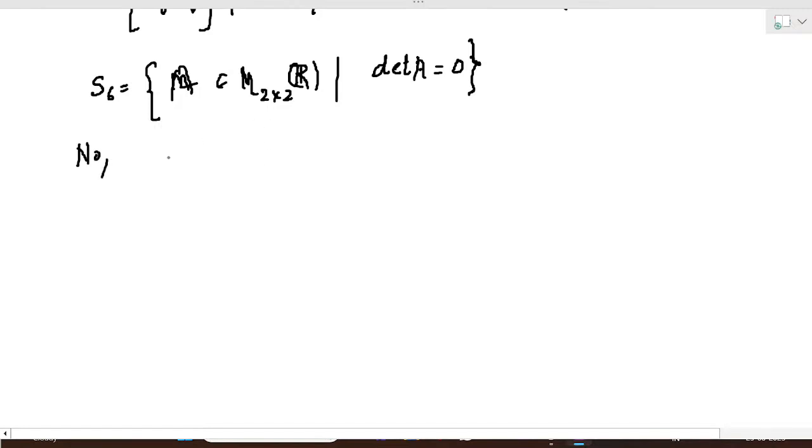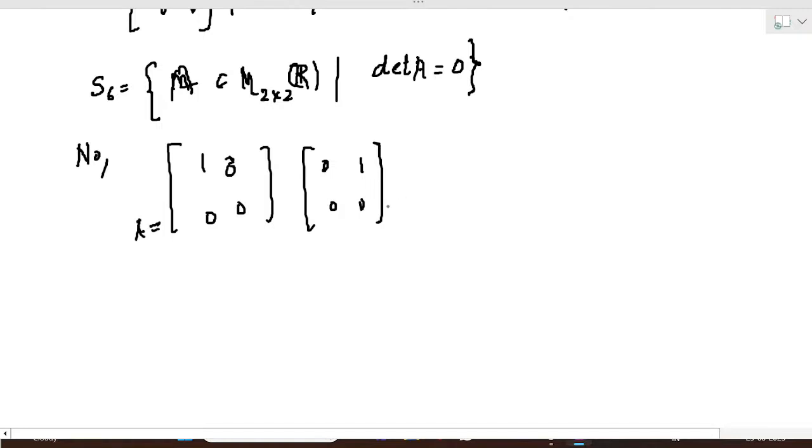I'll take two examples: 1 0 0 0, and another example 0 1 0 0. Clearly the determinant is 0 for both of these matrices. Let's say this is your matrix A, this is your matrix B, and both A and B belong to S6, right? Now if they qualify the definition for subspaces, then their sum should also belong to S6.